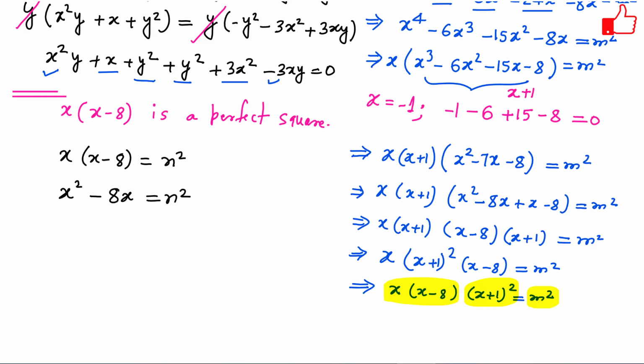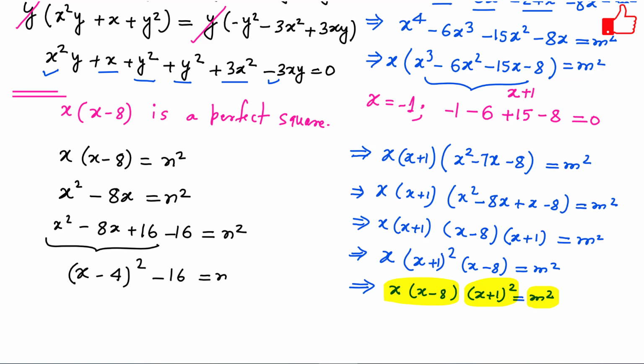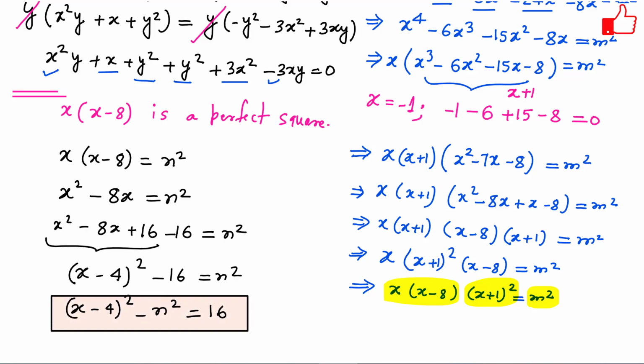Now let us add and subtract 16. So you will have x² − 8x + 16 − 16 equal to n², and this is (x − 4)² − 16 equal to n², or you can say (x − 4)² − n² is equal to 16.